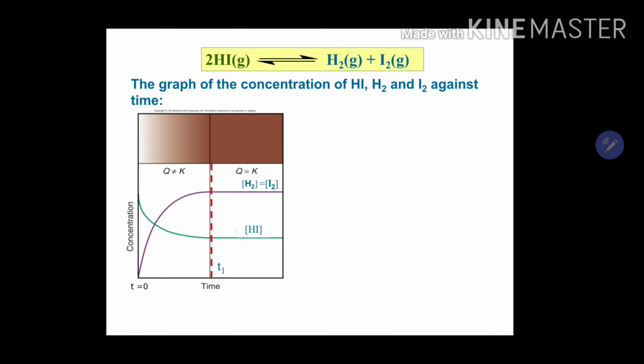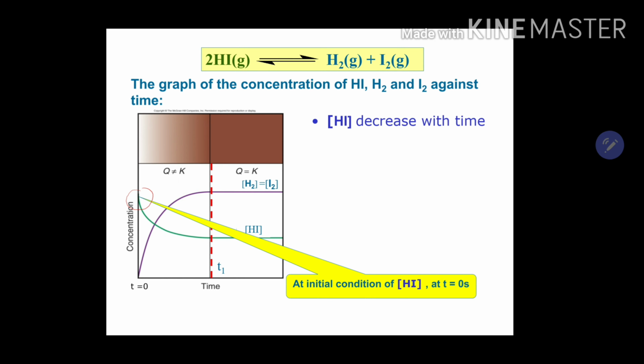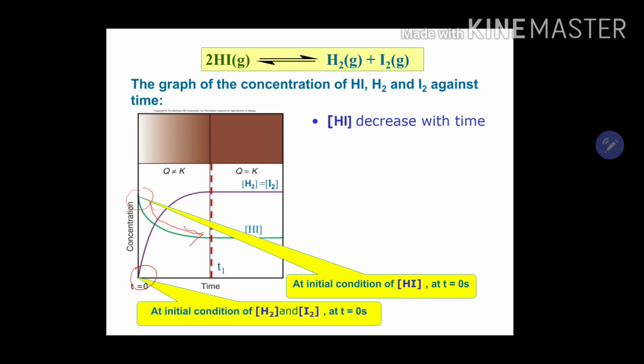Now look at the graph of the concentration of hydrogen iodide gas, hydrogen gas, and iodine gas against time. Here is the initial concentration of hydrogen iodide. We can see the concentration of hydrogen iodide decreases with time. This is the initial concentration of hydrogen gas and iodine gas.